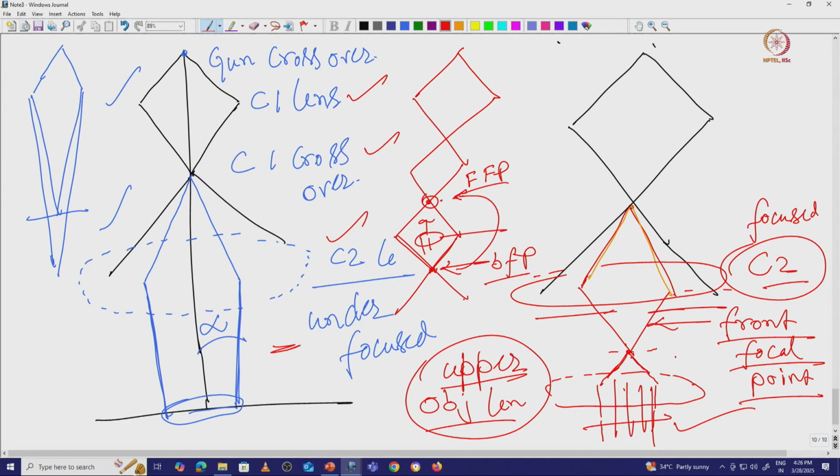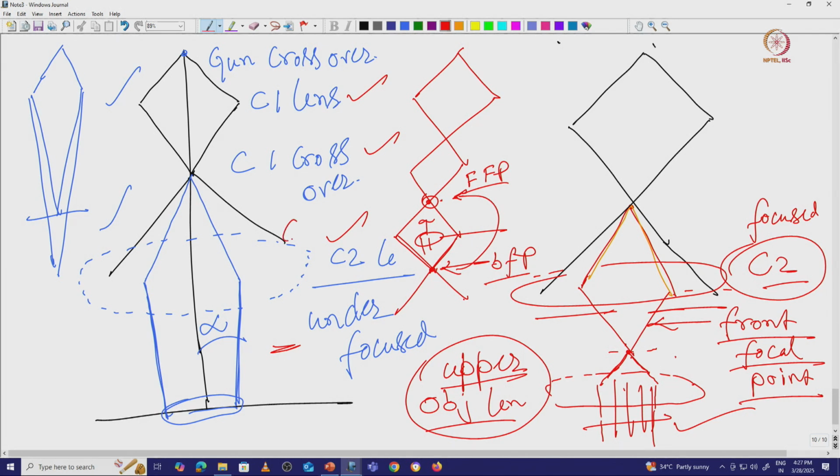So we can use different combinations of C1, C2 and upper objective lens to control our entire electron beam, whatever is coming out from the electron gun. So this is the basic ray diagram. I am not going to go into details of how to make this entire ray diagram, as there are lots of other parameters involved.